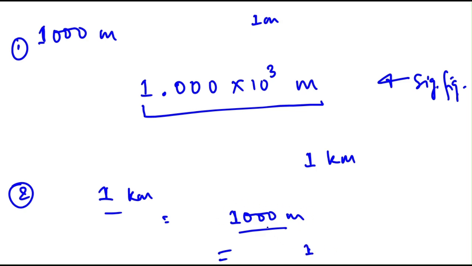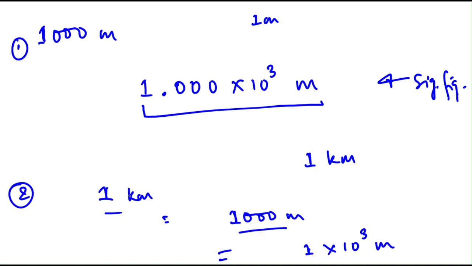So here we can write simply in this way. It is also reflecting that there is only one significant figure, as we generally take that only the non-zero digit is significant and all trailing zeros, if there is no decimal point anywhere, are insignificant. So how can we write this in scientific form? We can write 1 into 10 to the power 3 meter.